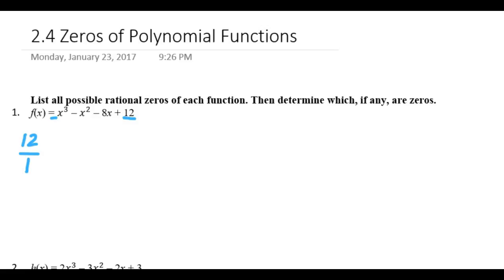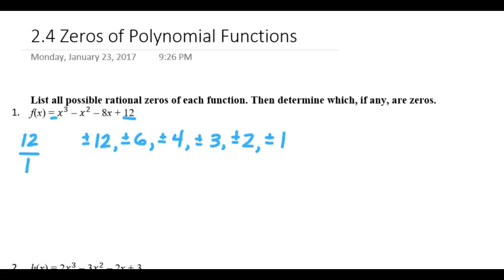So my factors of 12 are plus or minus 12, plus or minus 6, plus or minus 4, plus or minus 3, plus or minus 2, and plus or minus 1. So those are all the possible zeros of my function.